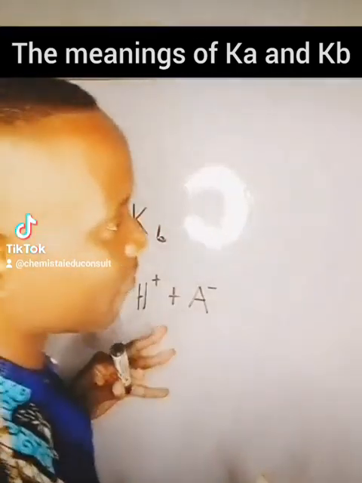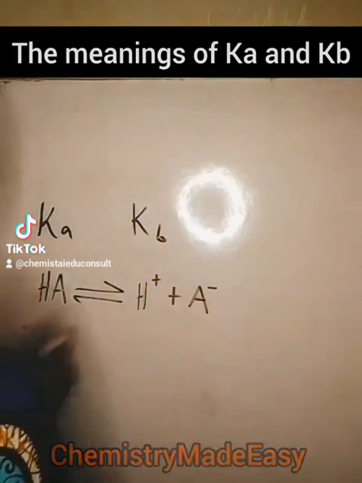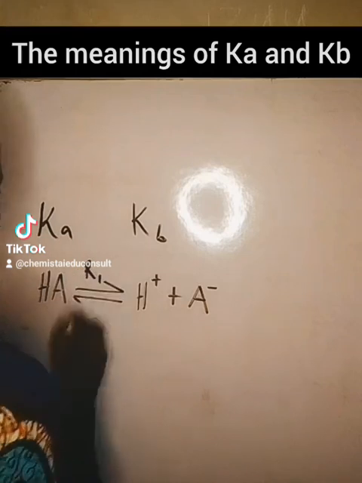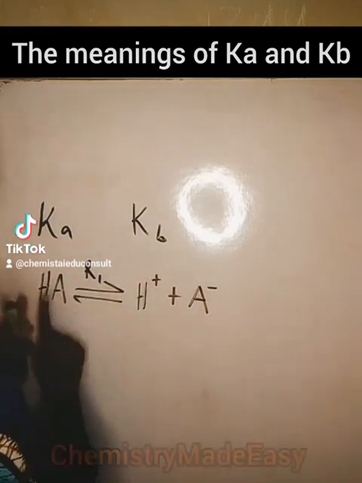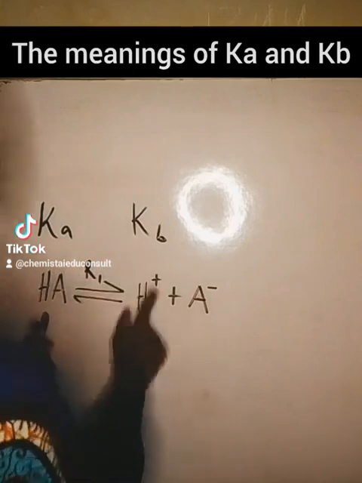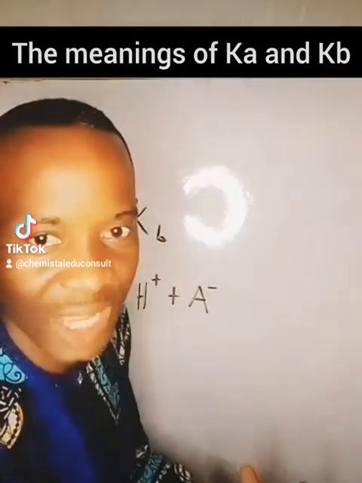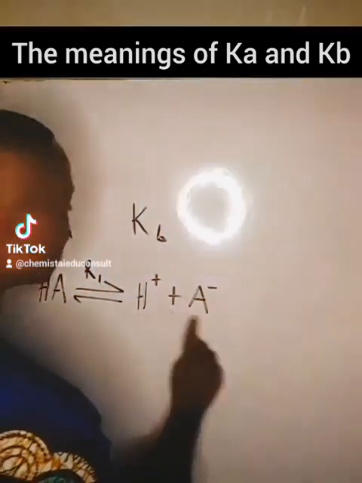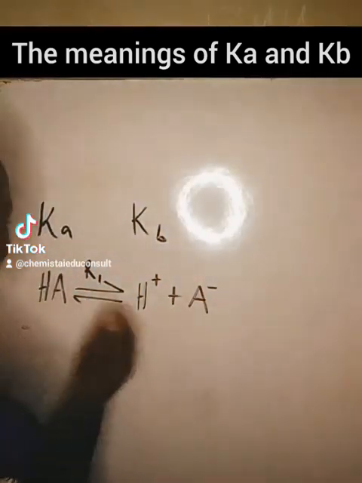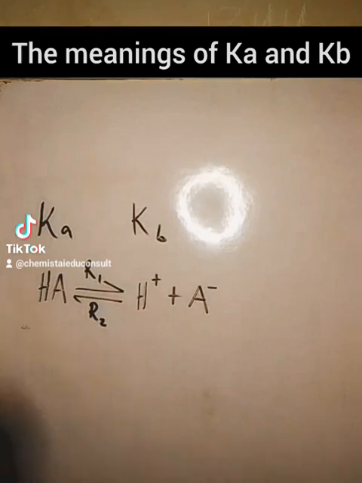From the law of mass action, we have rate of forward reaction, R1. Forward reaction is when this acid breaks into H+ and A-. Backward reaction is possible when these two ions combine to form the acid. That is the second, rate of backward reaction.